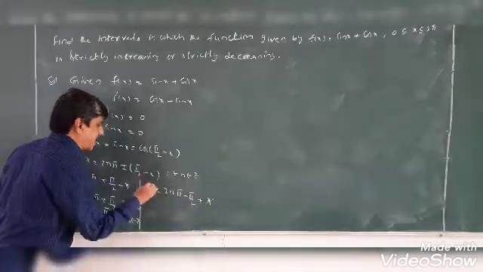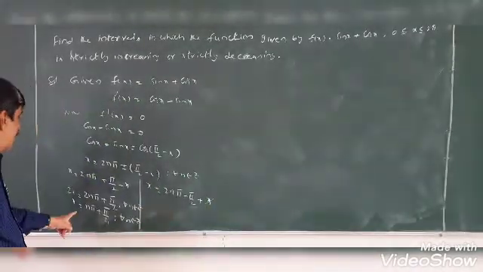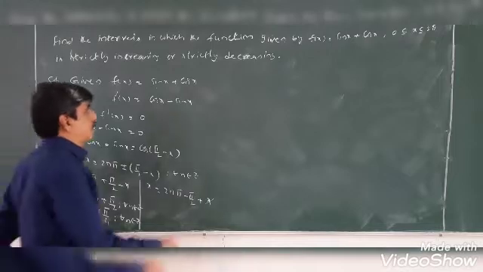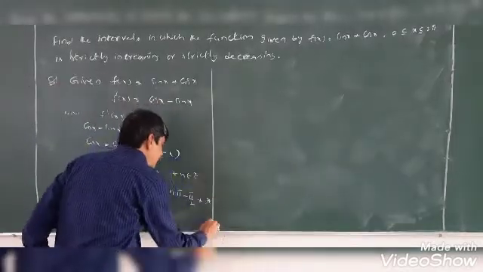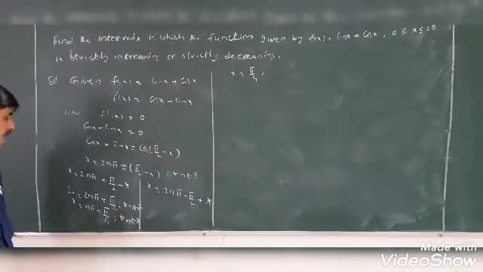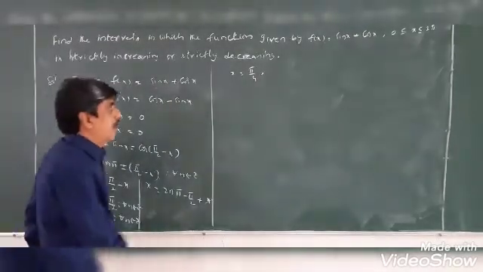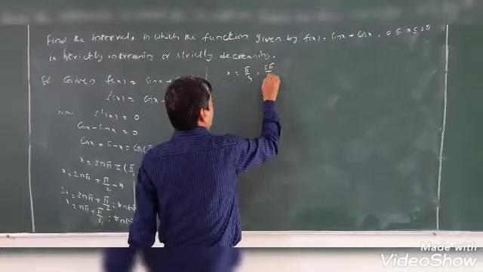So here x gets cancelled; we don't find x values. So writing n is equal to 0, x is equal to pi by 4, and writing n is equal to 1, pi plus pi by 4, which is 5 pi by 4.